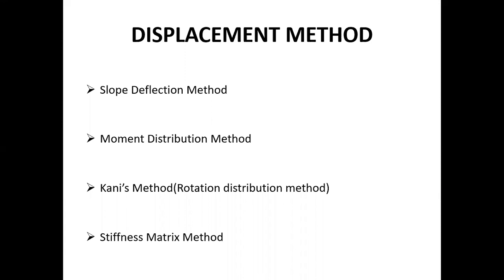The other is the moment distribution method. Next is Kani's method, also known as the rotation distribution method. And the last one is the stiffness matrix method. We will study the slope deflection method in the upcoming modules. The moment distribution method we will also discuss in upcoming modules, and the stiffness matrix method as well.